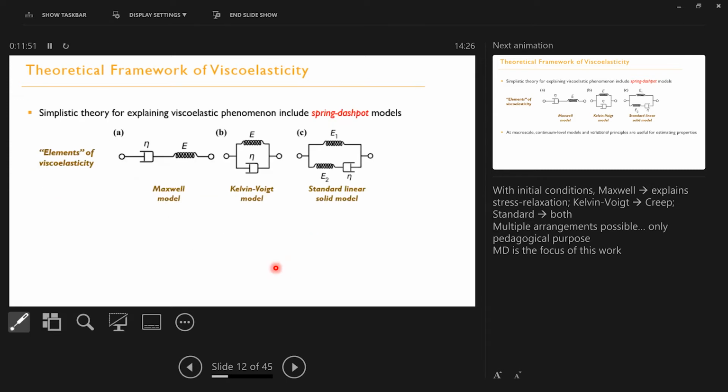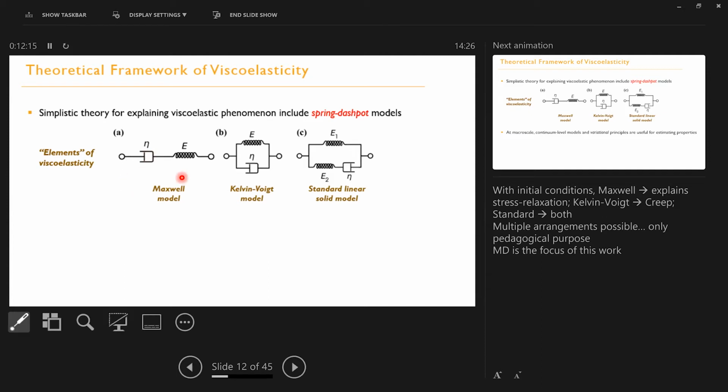Right after Robert Hooke and Isaac Newton developed some basic understanding, people wanted to understand what exactly in the material is causing this viscoelastic nature. So people came up with various models to understand this. Maybe some of you are aware of what we call the elements of viscoelasticity.